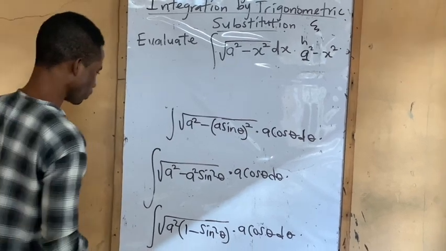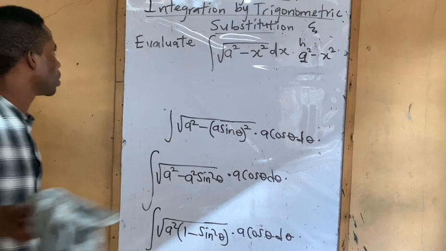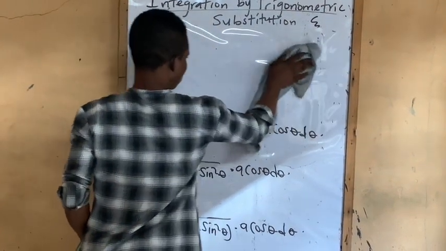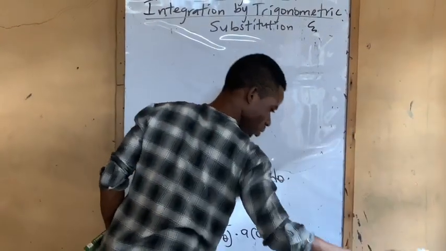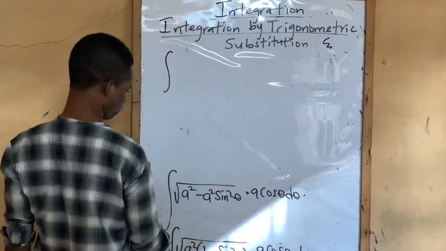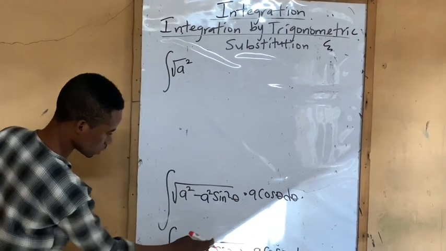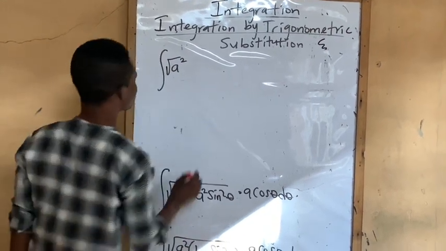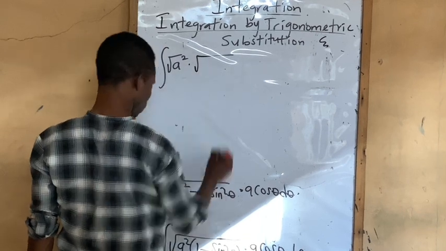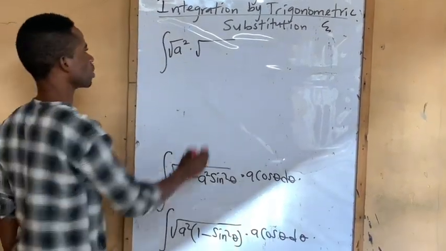So what do we do there? You can just say, from that place, let me say integral of, I can split the square root, A multiplied by the integral of square root of 1 minus sin squared theta, which is cos squared theta.